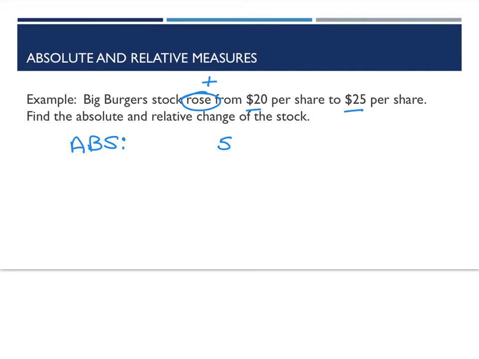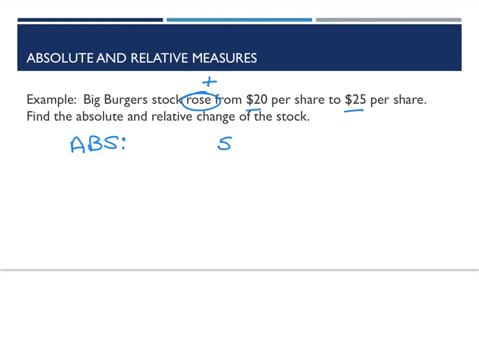And I didn't need a calculator, I didn't need a formula to figure that out. But that doesn't help me figure out the 20 or the 25, which one is the reference value.